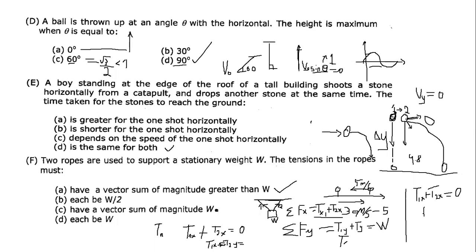So meaning tension 1 x will be equal to tension 2 x, but this one has a negative.